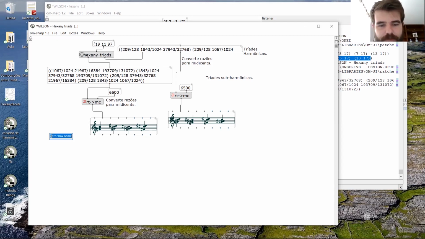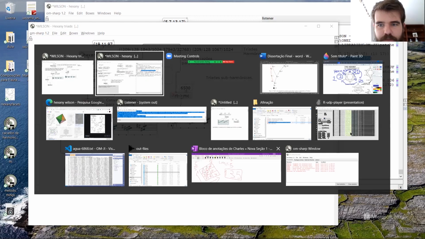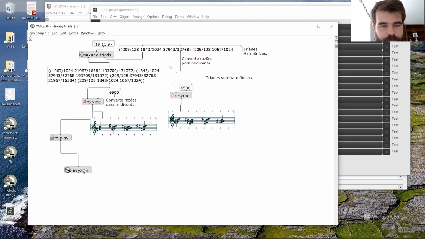Let me show here. And here are 2 concepts.